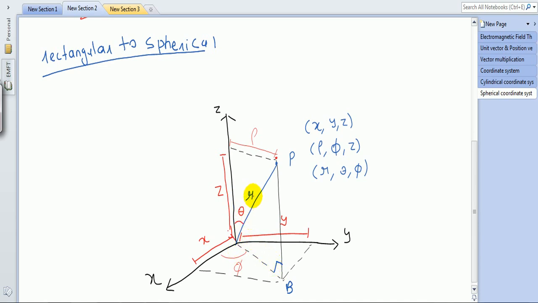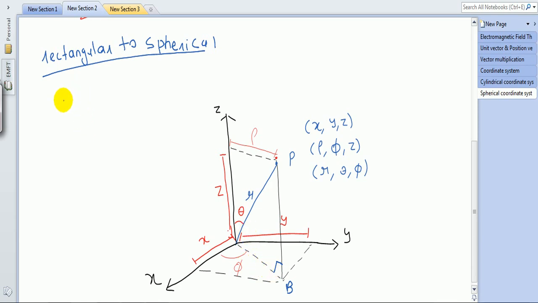So for Pythagoras theorem, r square will be equal to this distance. This distance is nothing but the height of this, so it is z. So PB is z, and what is OB? OB is the r vector projection on the xy plane, that is rho, and rho we already know is under root of x square plus y square.